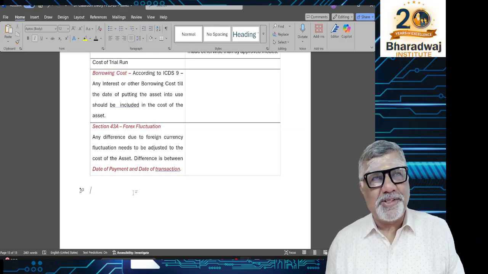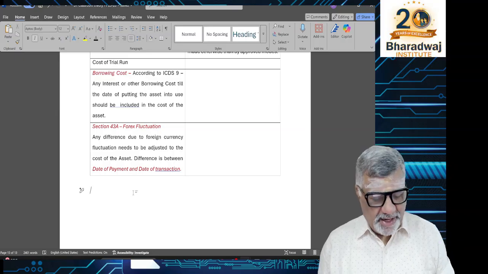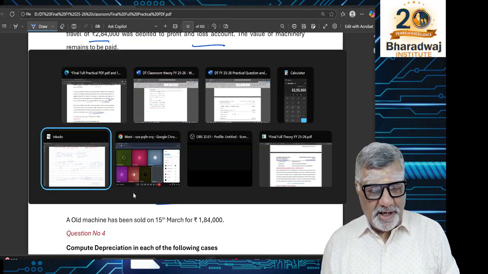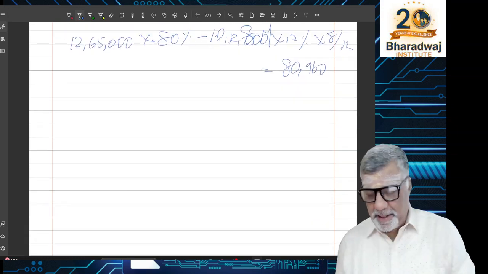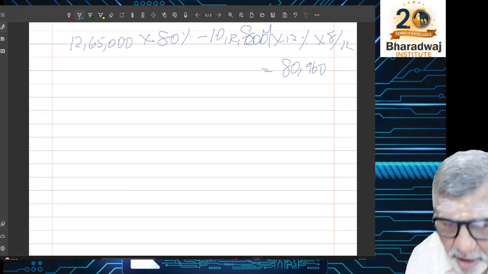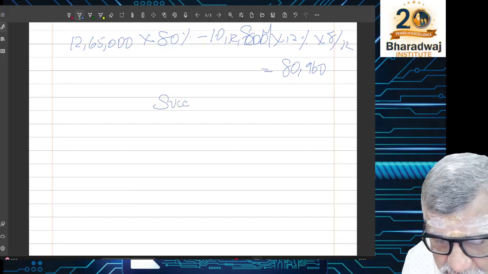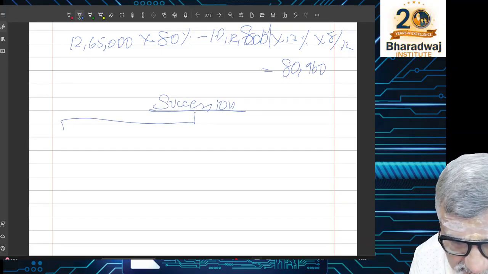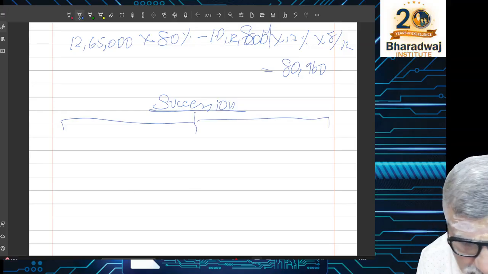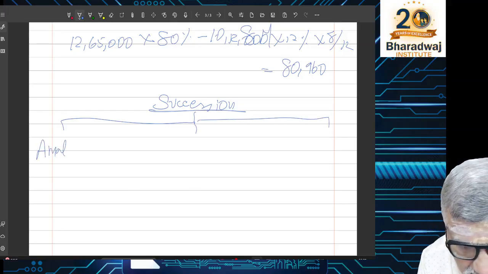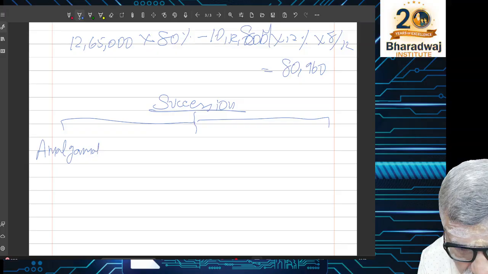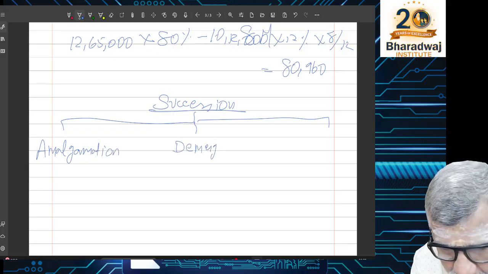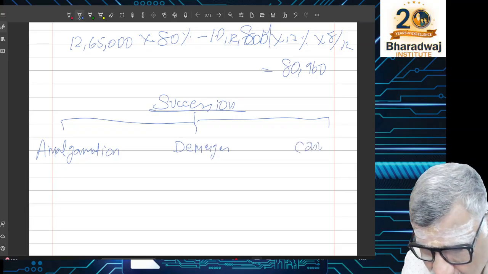Income tax law also says it is a sort of inheritance, and they don't deny that it includes inheritance, but the term succession in income tax law is given for these things also: amalgamation, demerger, conversion.